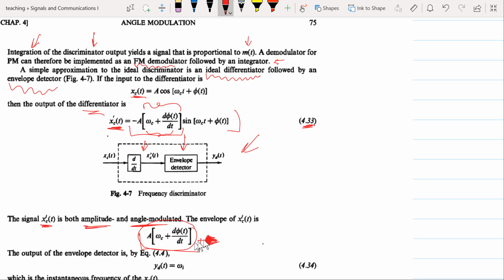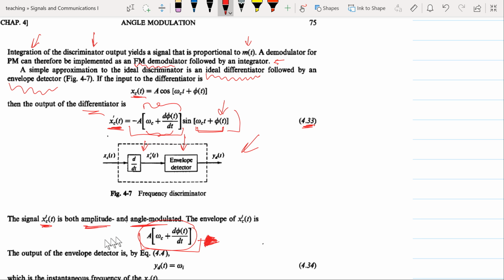So we observe that the output from the differentiator is both amplitude and angle modulated. It is angle modulated because this term is a function of m(t), and phi of t is a function of m(t), depending on whether it is PM or FM.